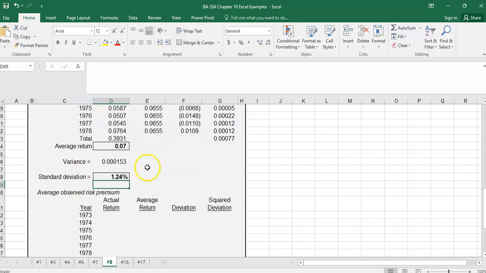The next item says the average observed risk premium. So our average observed risk premium.